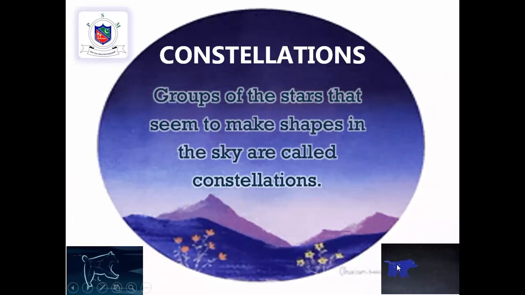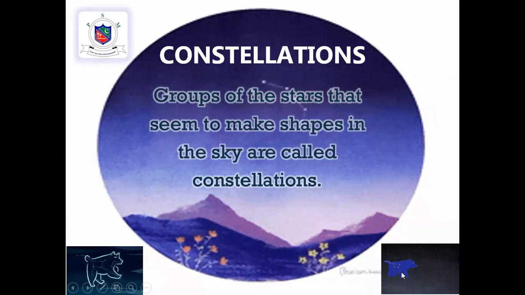They always point to a bright star called the pole star or the north star. The north star is always in the northern part of the sky, directly over the north pole. So the Big Dipper appears to move around the pole star.